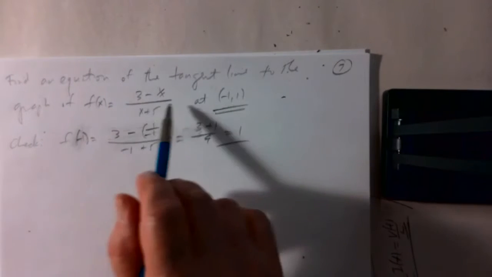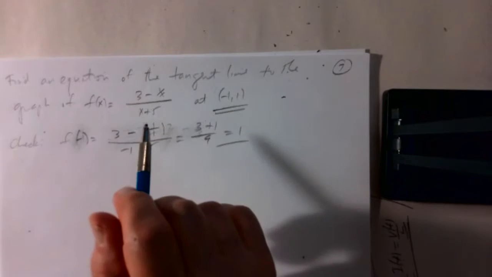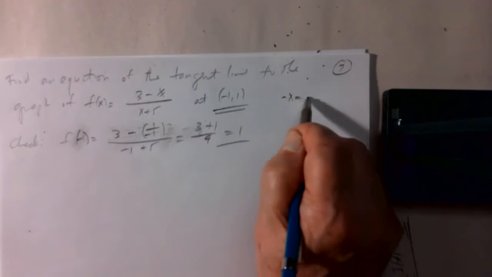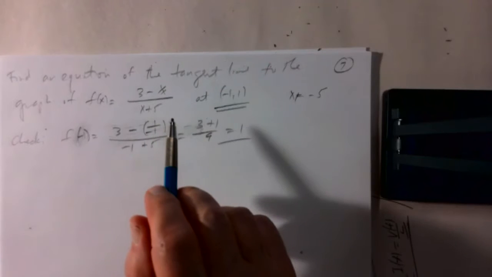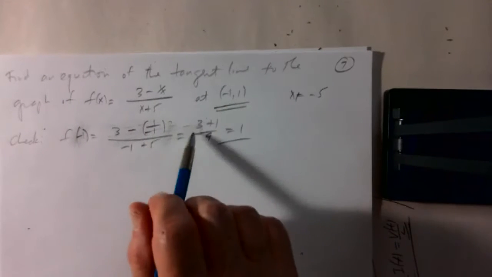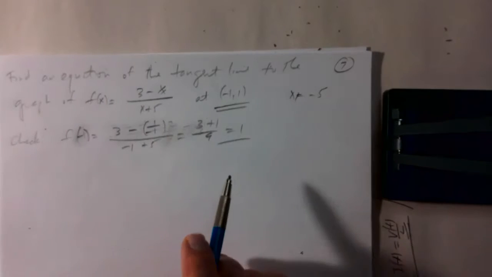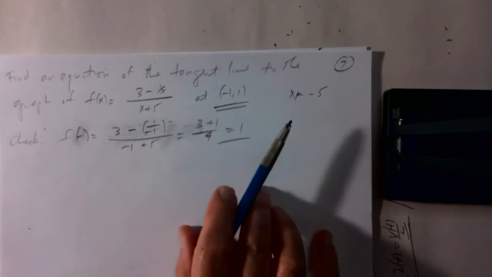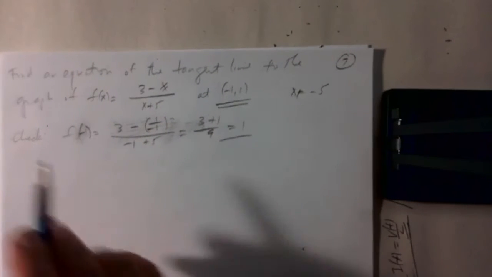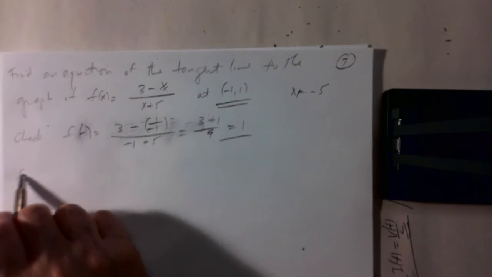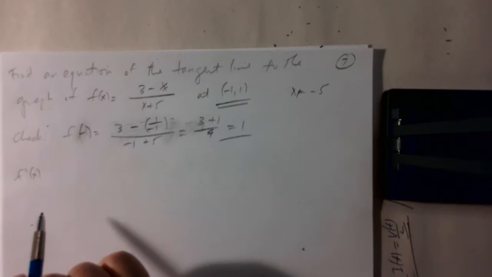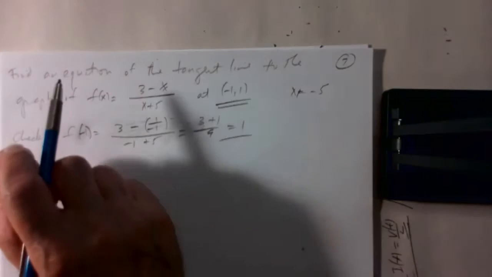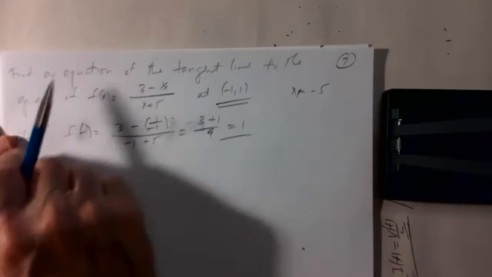So this is a function. It has a graph. It's defined everywhere except at minus 5, because there the denominator would be 0. So there's a vertical asymptote at minus 5. And we want to find the equation of the tangent line, which means we have to compute the derivative f prime of x. Before I do that, we can simplify this function a little bit to make the work easier.